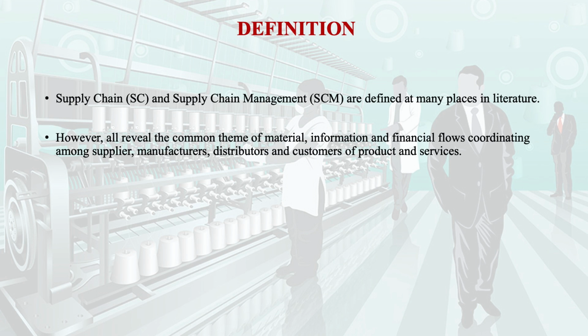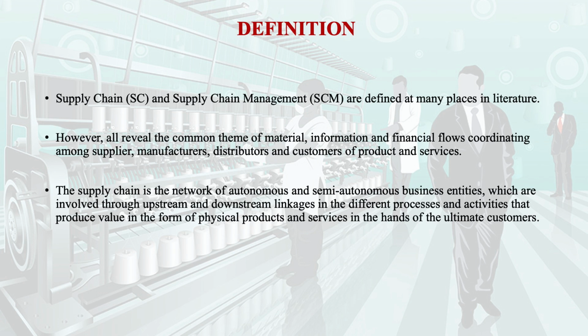Supply chain management means we are coordinating the flow of material, information, and finance among suppliers, manufacturers, distributors, and the end customers. The example may be of any product or any services.